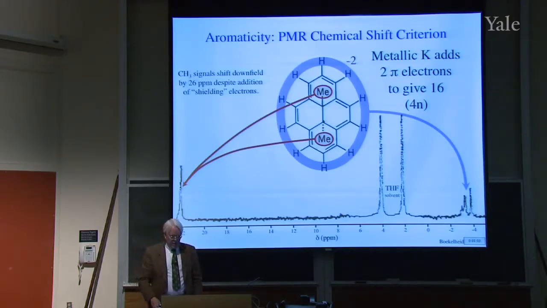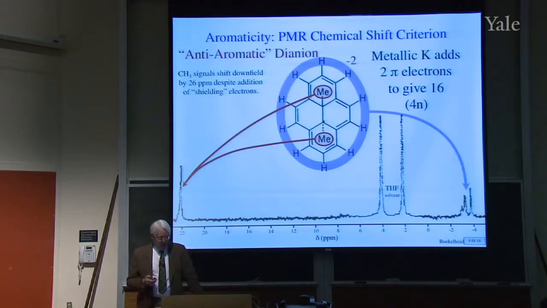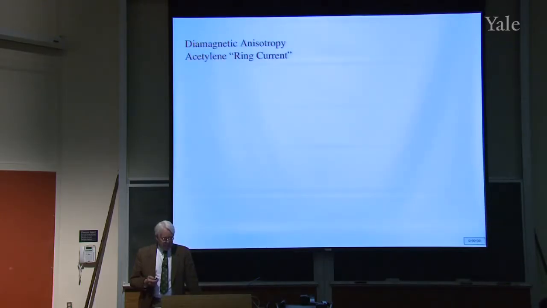Okay, so the CH3 signals shift downfield by 26 parts per million, despite adding, remember there are more electrons now. We put 2 more electrons into the system. They should shield it, but in fact it's de-shielded by 26 parts per million. Really dramatic. Okay, so it's an anti-aromatic dianion.